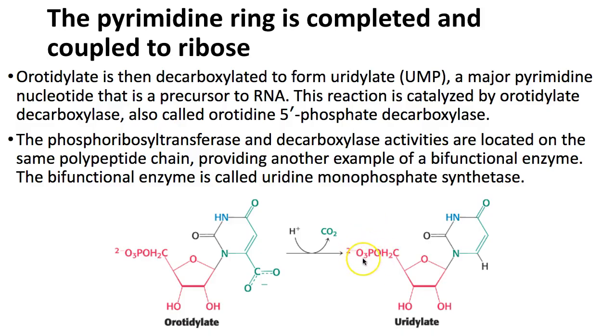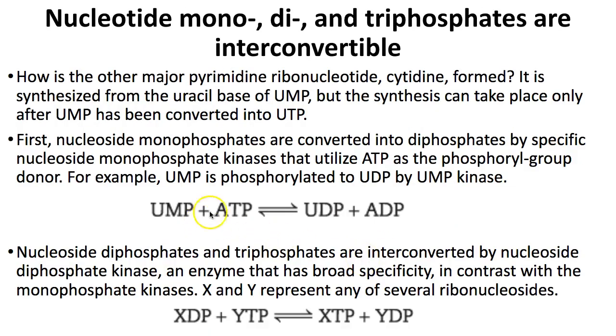We only have one phosphate group. You can utilize ATP as a source of more phosphate groups to be added to the nucleotide to make it, instead of UMP, UDP. So you have two phosphate groups that is represented.